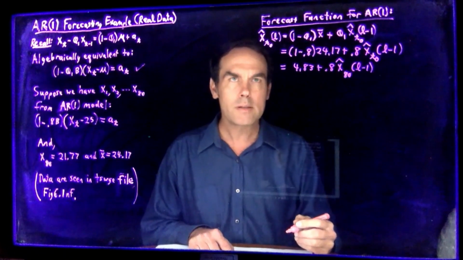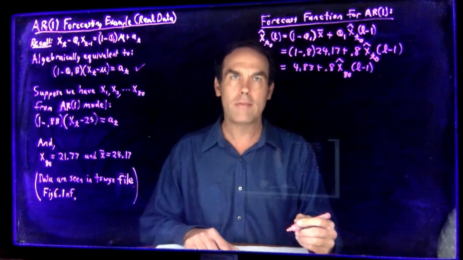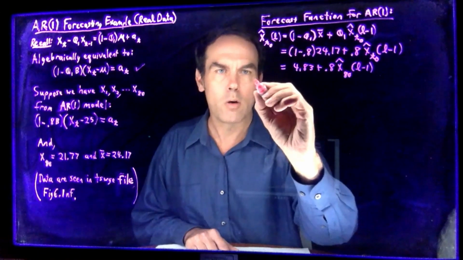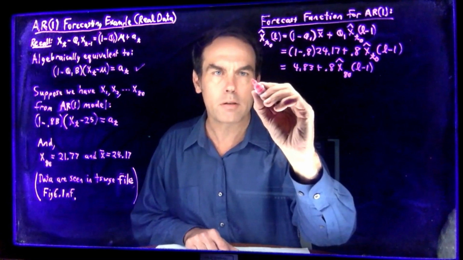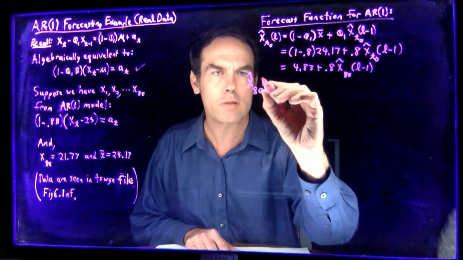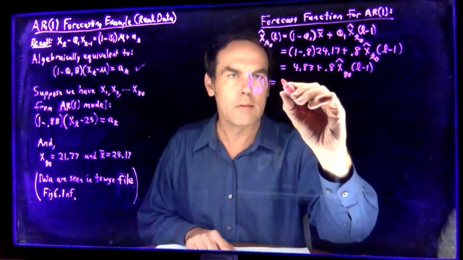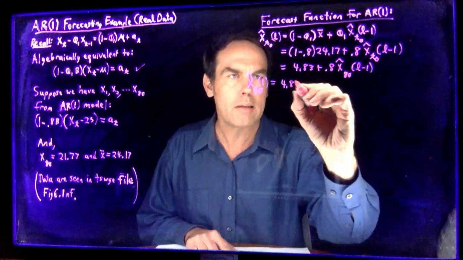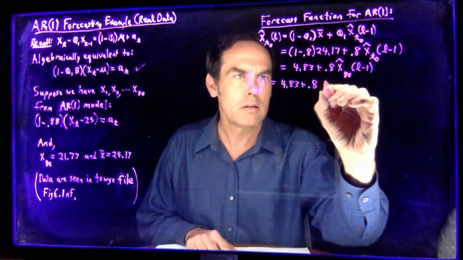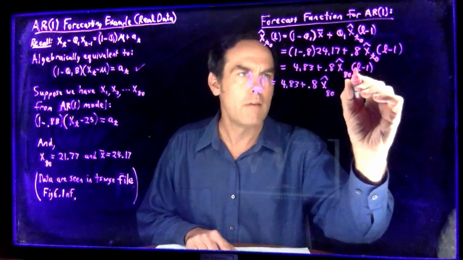Now, let's calculate forecasts for the 81st, the 82nd, and the 83rd values of this data set using this formula. We know it's an iterative procedure. We've got to go in order. So if we're looking for the forecast for the 81st value, that would be x hat of 80 of 1, which is given by 4.83 plus 0.8 times x hat of 80 of L minus 1.